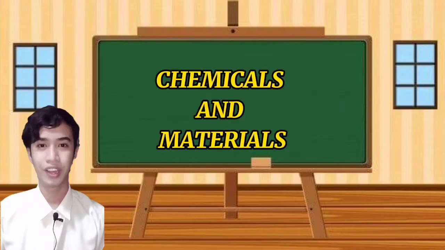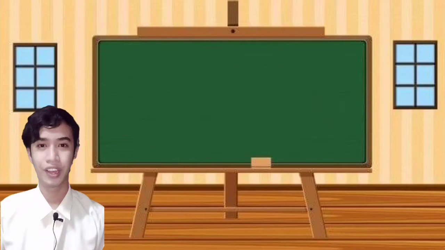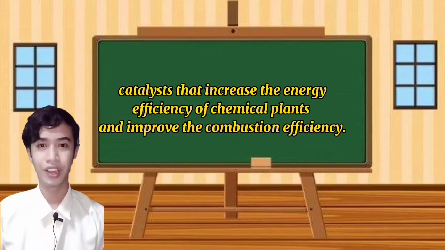Next is chemicals and materials. Catalysts that increase the energy efficiency of chemical plants and improve the combustion efficiency, thus lowering pollution emission of motor vehicles. Super hard and tough materials, for example, are vital for drill bits and cutting tools, smart magnetic fluids for vacuum seals and lubricants.